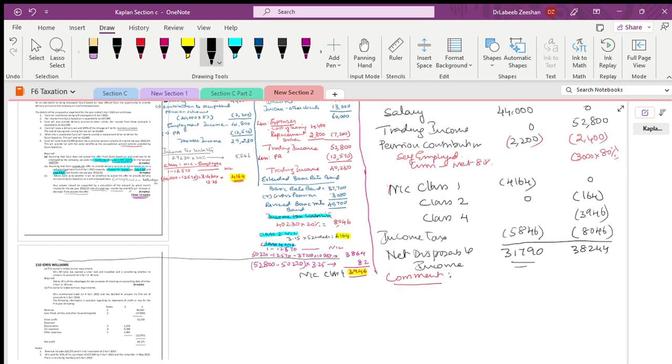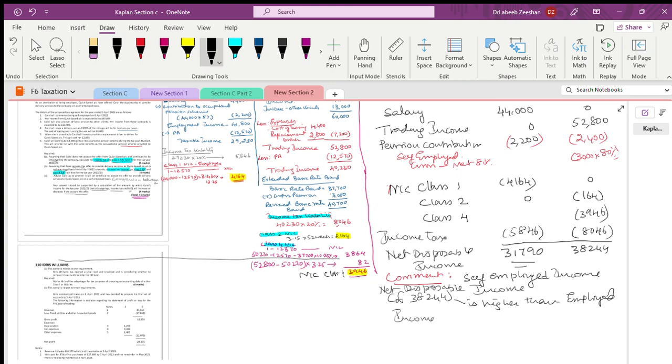Now what we have to do, if it is self-employed, the income within brackets is 38,444. That is the self-employed net disposable income. Self-employed net disposable income is higher than employed income.